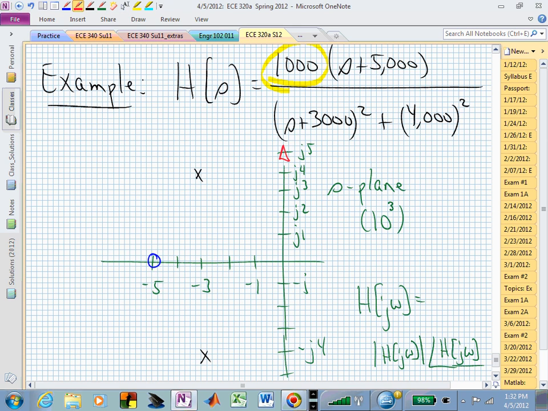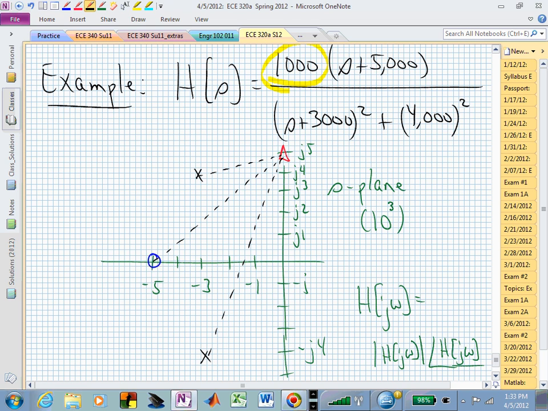And what we are going to do now is we want to look from each of these singularities to the frequency of interest.